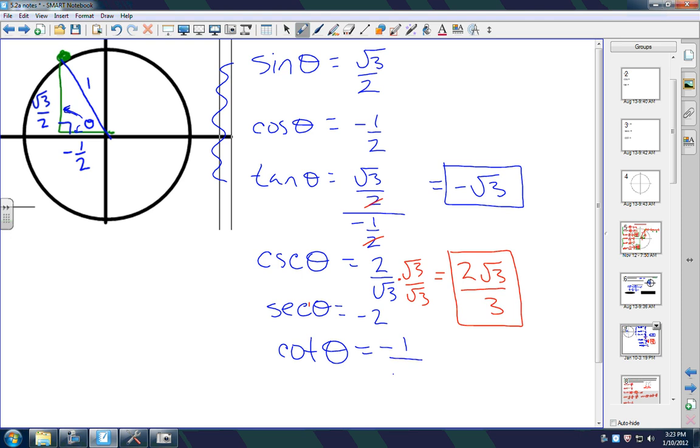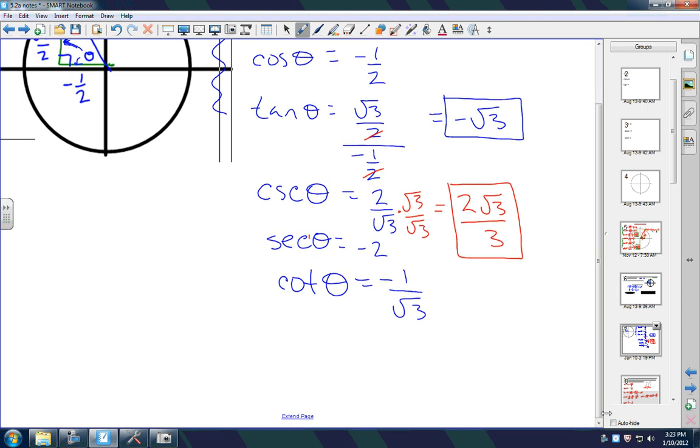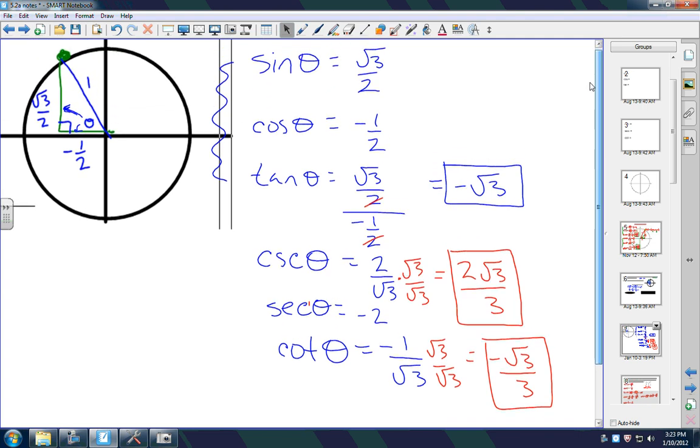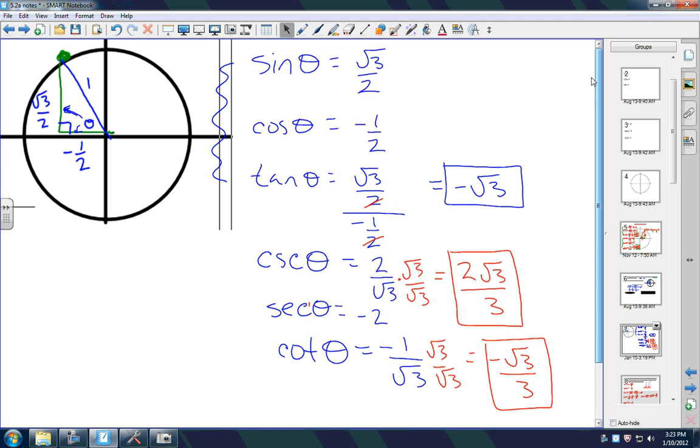So -1 over square root of 3. Make sure you rationalize this guy. So negative square root of 3 over 3. Those are the 6. So sine, cosine, tangent, and then I do them in the same order again, just the reciprocal identities.